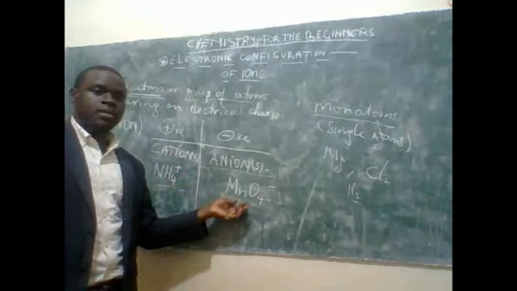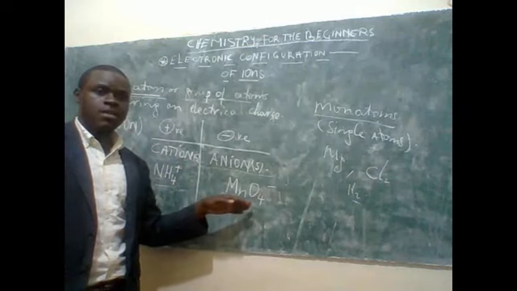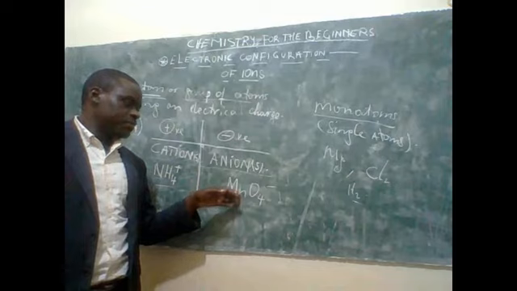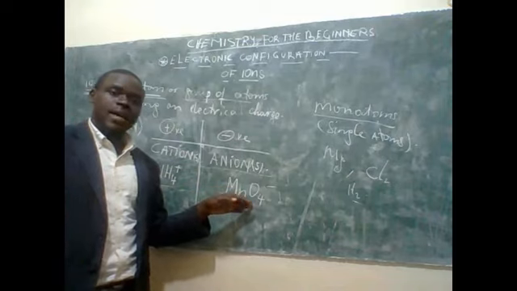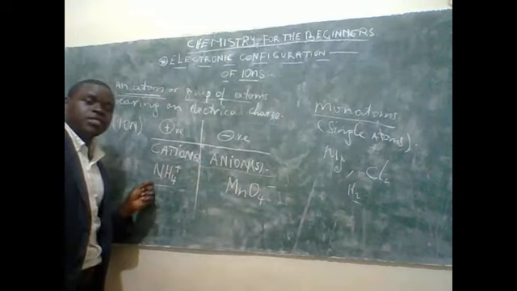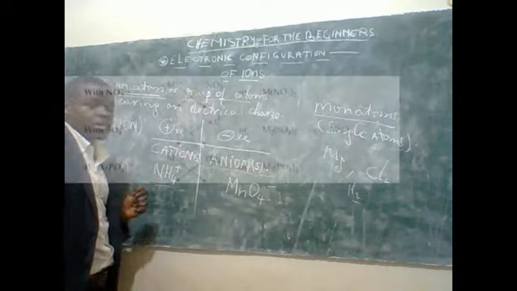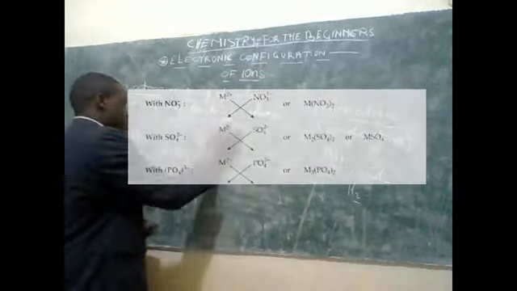For example, it's not easy to prove how this one is charged negatively, but it is proven that this is the permanganate ion, which is an anion, and this is the ammonium ion, which is a cation. Are we together? Let us continue if you have understood.